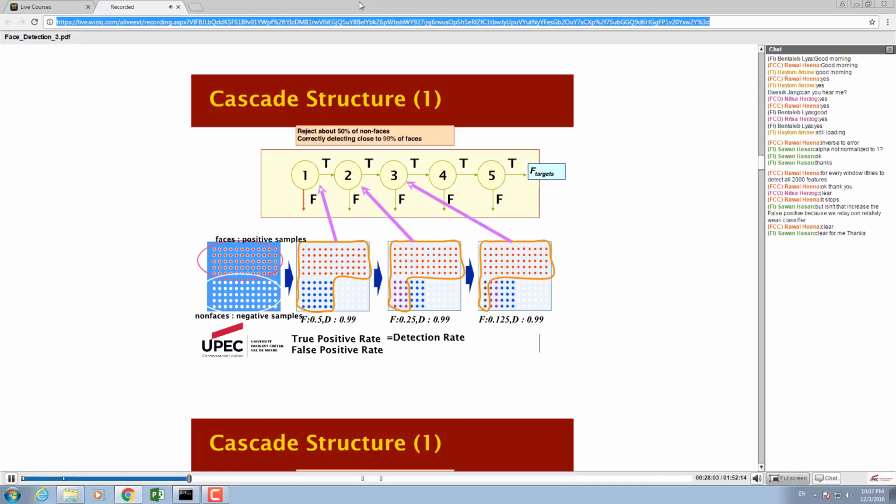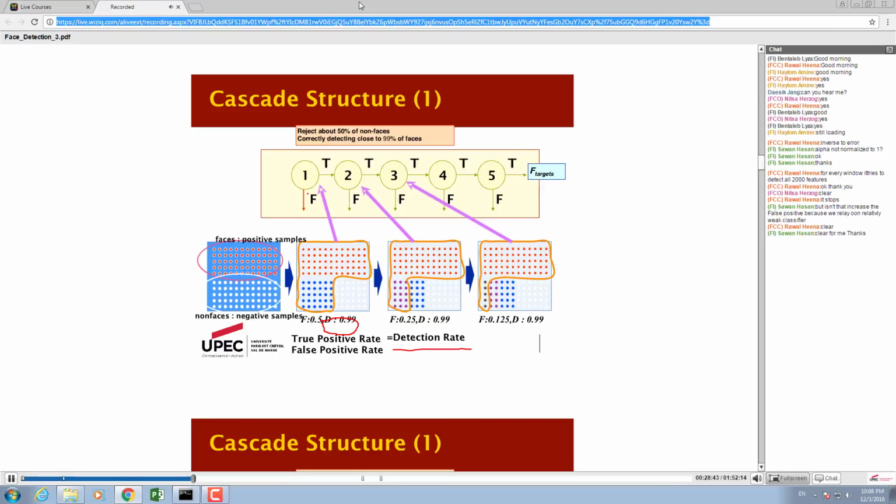Then let's start structuring the cascade structure. In every stage, from stage 1, we prepare the positive samples and negative samples in the same way. In the first stage, as we have already discussed, the true positive rate, here I use the symbol D. Normally the true positive rate is the same as the detection rate.